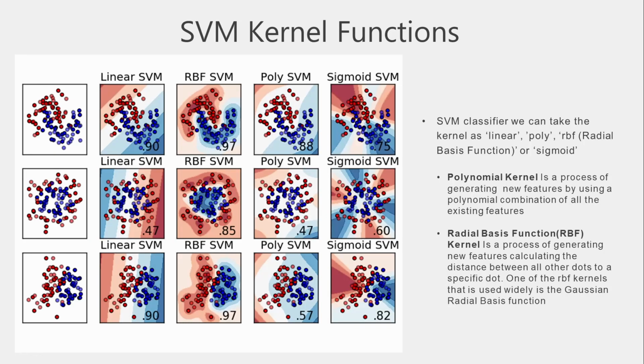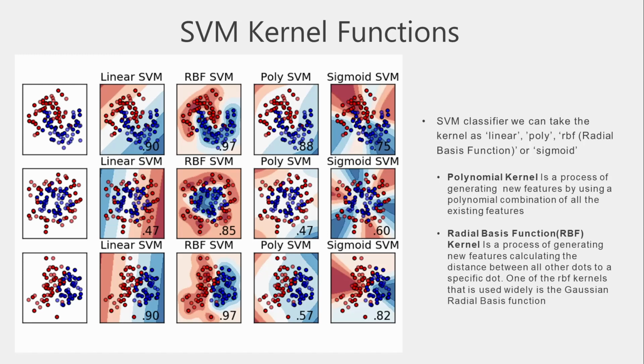There are four types of kernel functions that can be used by the SVM model. Those are linear, polynomial, radial basis function, and sigmoid function, but the most frequently used are the polynomial kernel, which is a process of generating new features by using a polynomial combination of all the existing features, and the radial basis function, or RBF in short, which is a process of generating new features by calculating the distance between all the other dots to a specific dot.